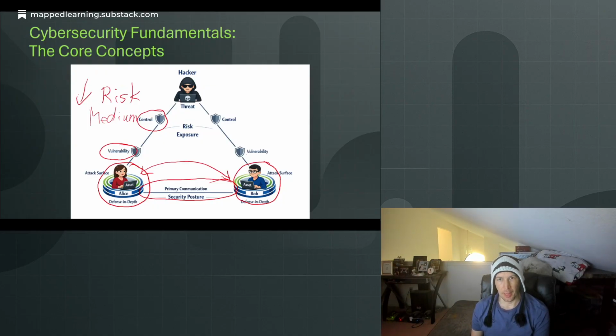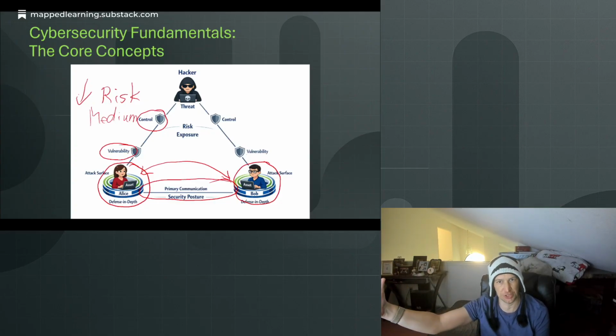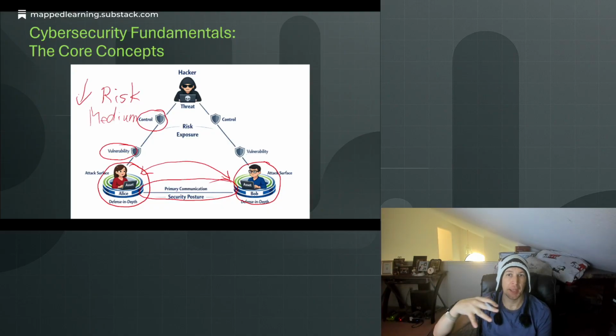Now, as a whole, every vulnerability that exists in this network communication example is called your risk exposure. How much of your stuff are you exposing to an attacker? So let's say your company doesn't do business on the internet.